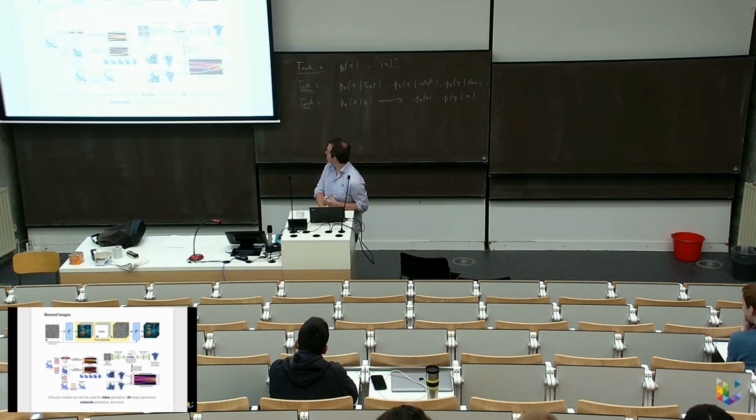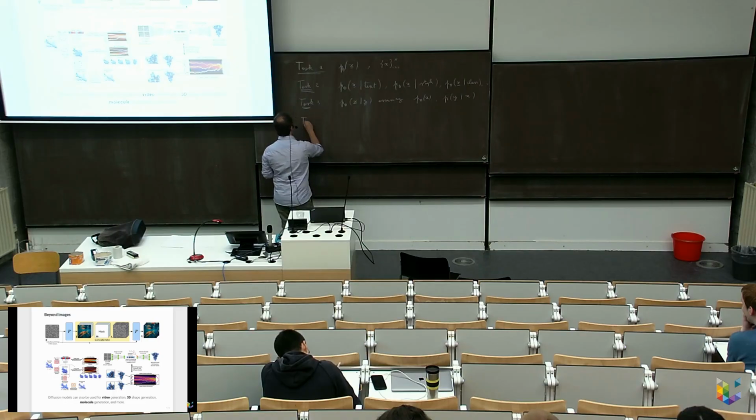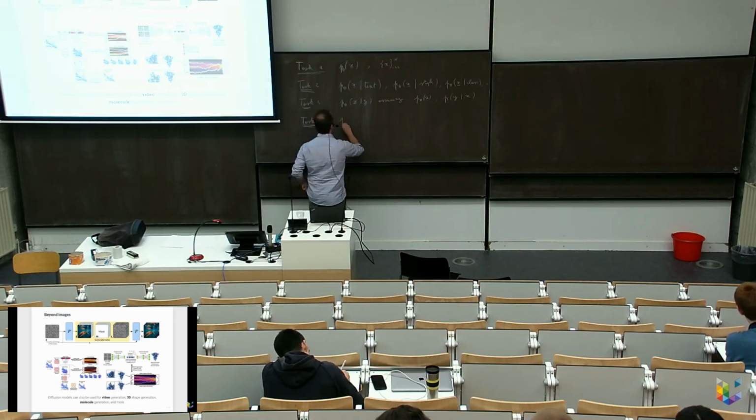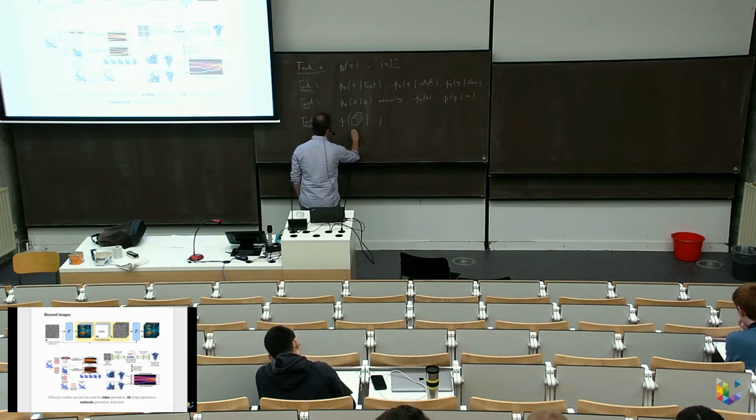This is an example that you see above of the sketch of an architecture based on a diffusion model, which you can use to generate videos. So you want to generate a video, which can be quite big, and also maybe conditionally on something.